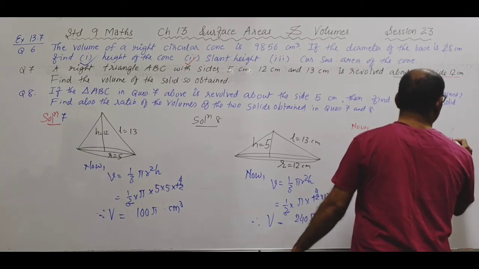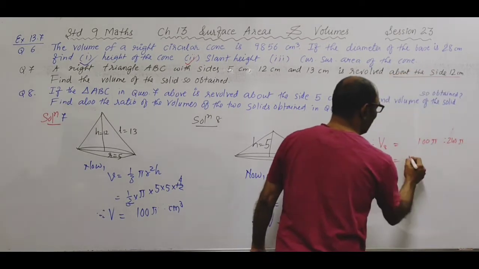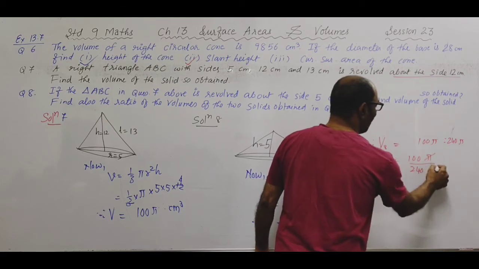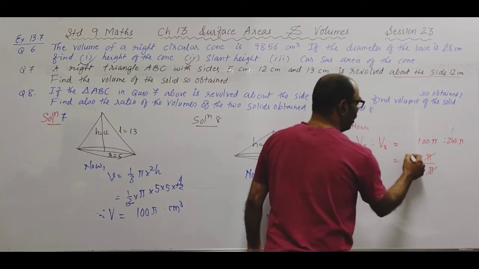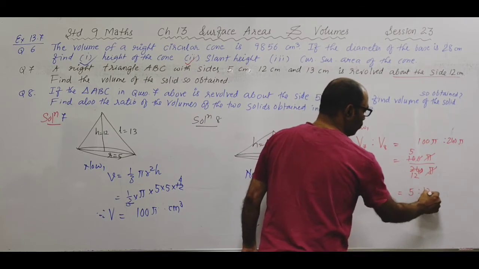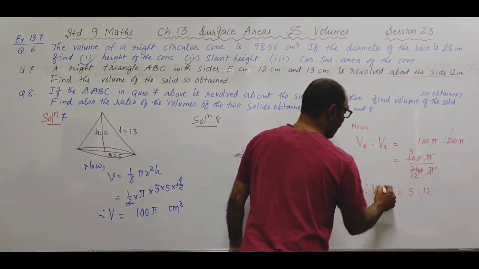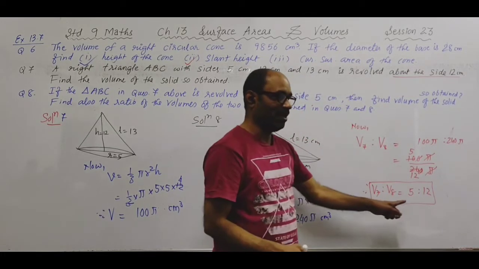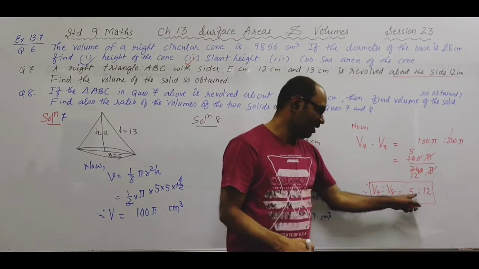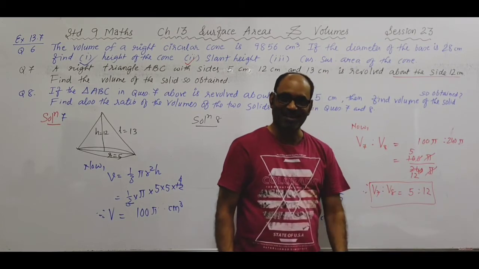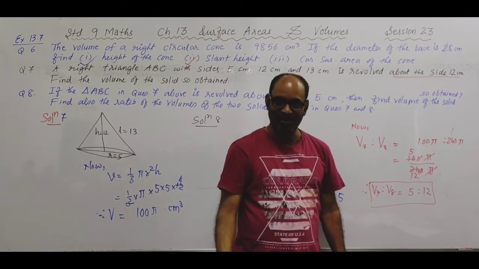Yes, it is 240 pi. चलिए, that is 100 pi upon 240 pi. पाई का इलाज आराम से हो गया, 0 का हो गया, 2 5 और 2 12, so 5 is to 12, there V7 is to V8, means the ratio of volumes in question 7 and that in question 8 is 5 is to 12. There is no unit for the ratio. Is that clear? I hope you have understood.